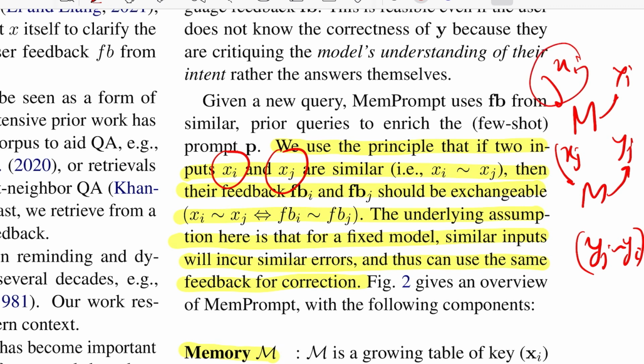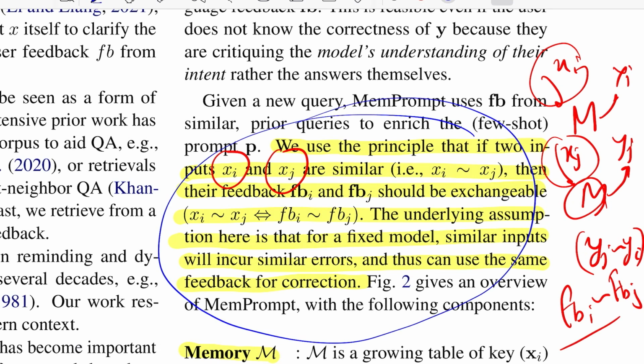This should be happening because xi and xj are more or less similar and the model is fixed. Then the feedback that you give for i should be applicable for the jth instance. So that's what is written in this highlighted paragraph. Feel free to pause the video and read through it.